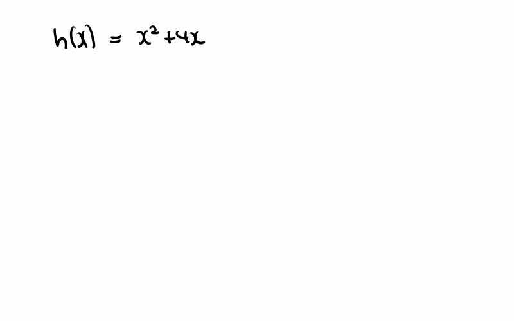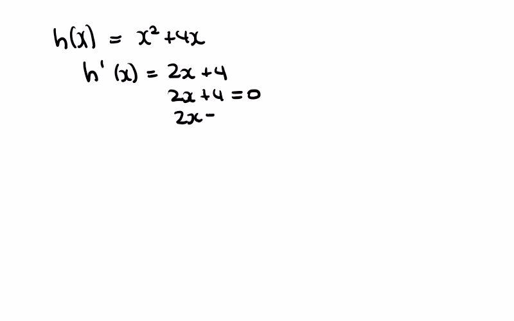So let's solve it first and then let's see how it looks on GeoGebra. So x squared plus 4x. Let's find the minimum point. h prime x is 2x plus 4. 2x plus 4 is equal to 0. You could just put the equal 0 there if you wanted. 2x equals minus 4. x equals, and when you get good at them, Raj, you should start seeing the answer as they come rather than jumping there too quickly.